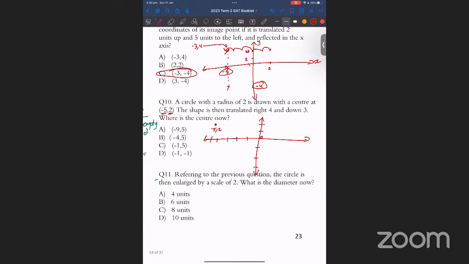Do you guys understand? Yes. And then it goes 4 units to the right. So it'll be here. And it goes 1, 2, 3 units to the bottom. So it goes here. Do you guys understand? So now the new center is -1, -1. Do you guys understand?